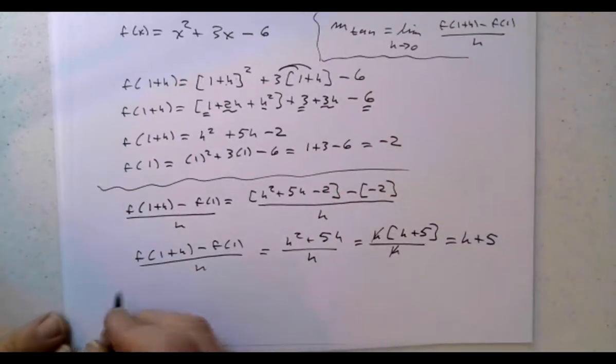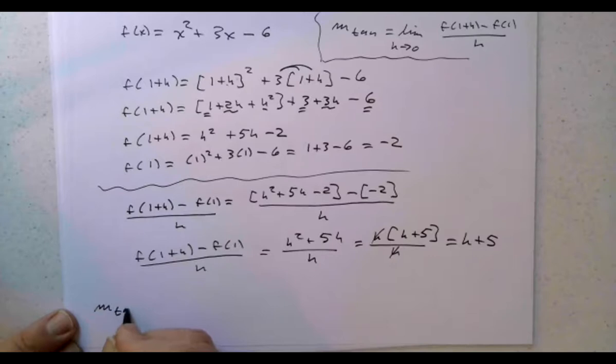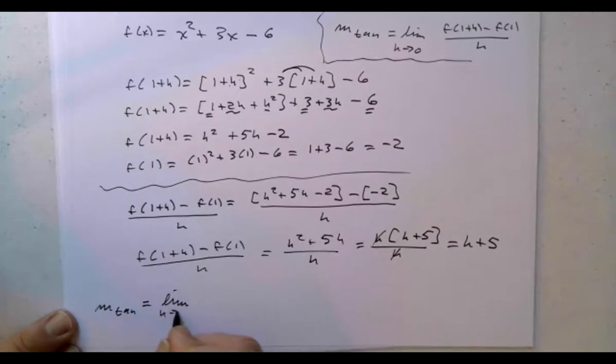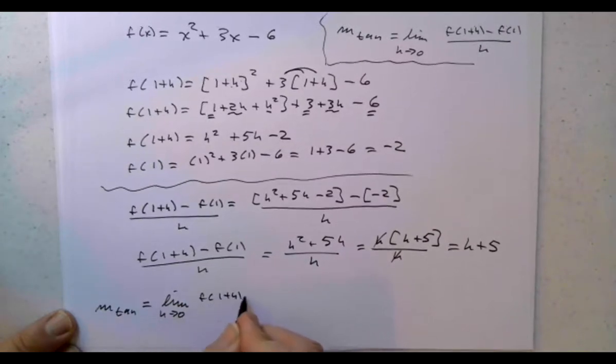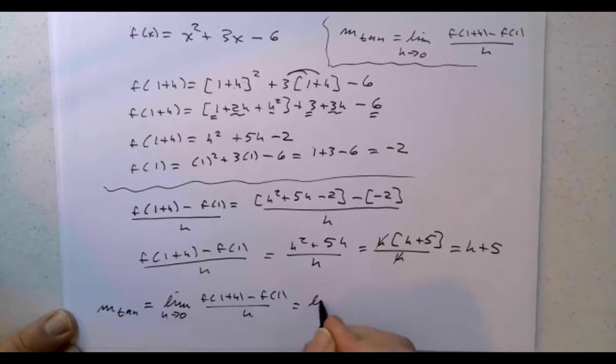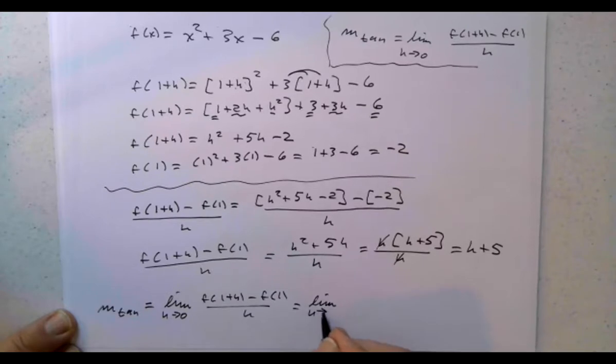So keeping that in mind now, the slope of the tangent, where this was at x equals 1, equals the limit as h goes to 0 of f of 1 plus h minus f of 1 over h, which is the limit as h goes to 0. What did we do? We said all of that was h plus 5.